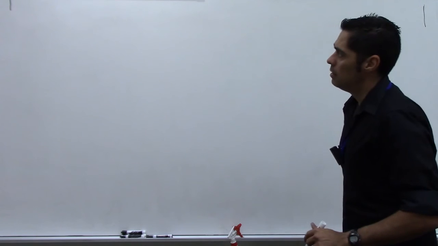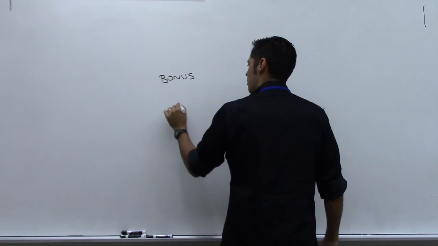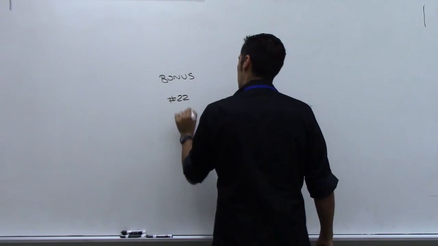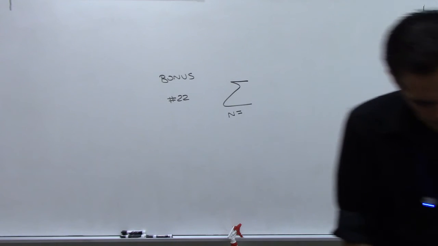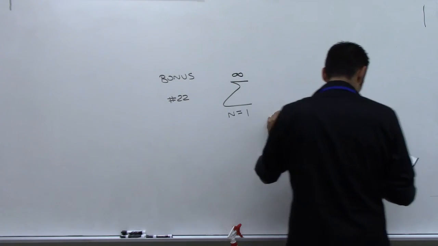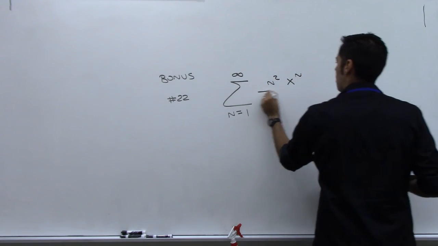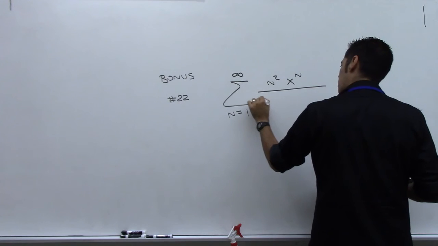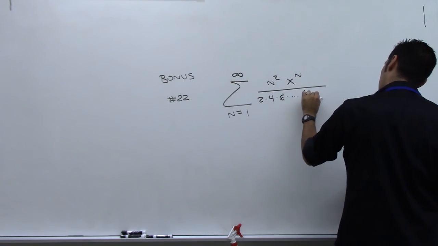So for bonus, do number 22, which is the sum, n equals 1 to infinity, of n squared x to the n over 2 times 4 times 6 times dot dot dot to 2n.